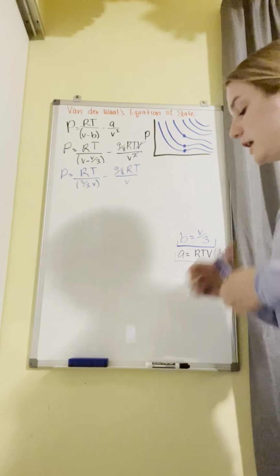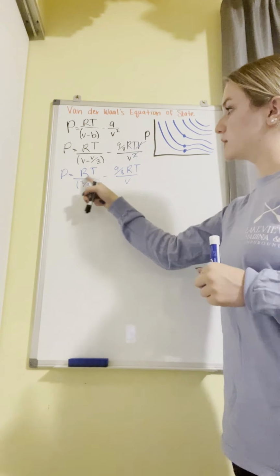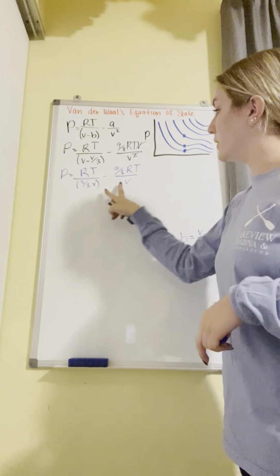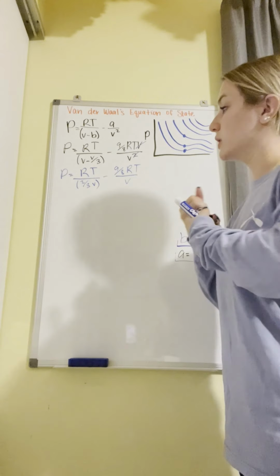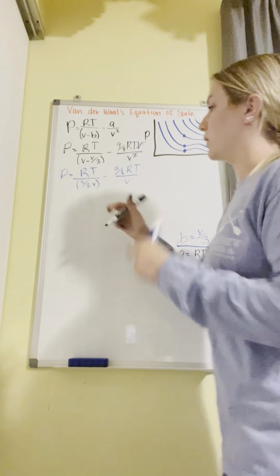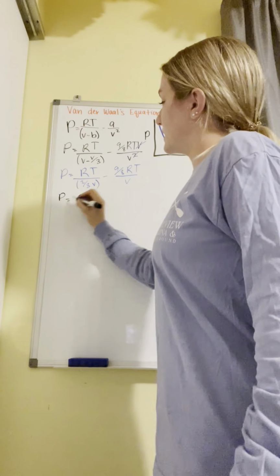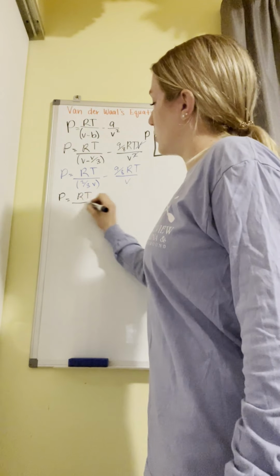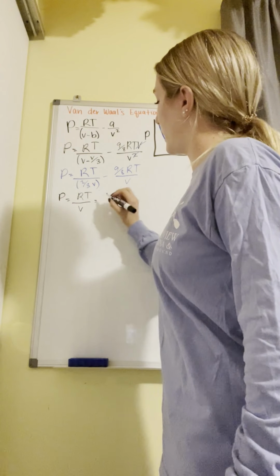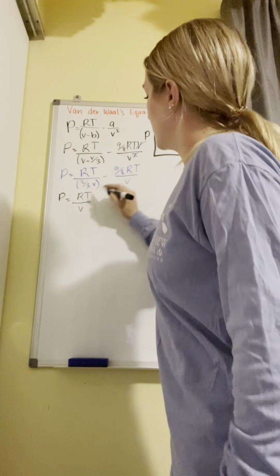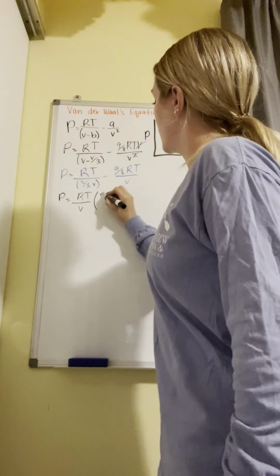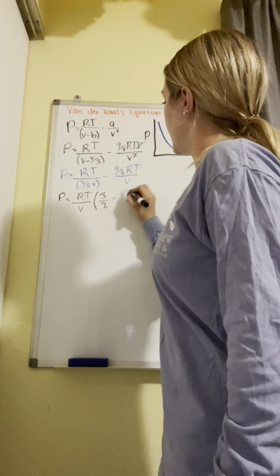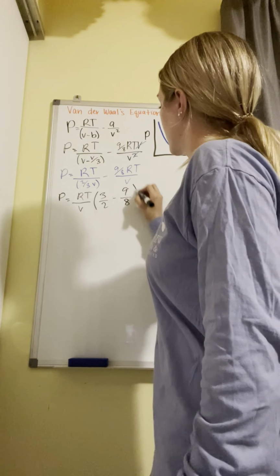Now, we can see that we have an RT over V in both terms of this equation. So we can actually take out that RT over V, and we will have 3/2 minus 9/8.